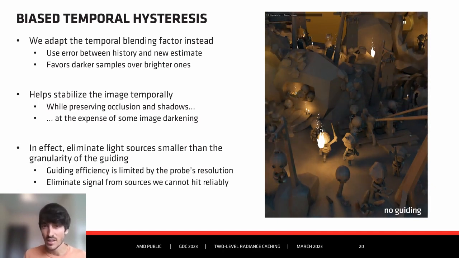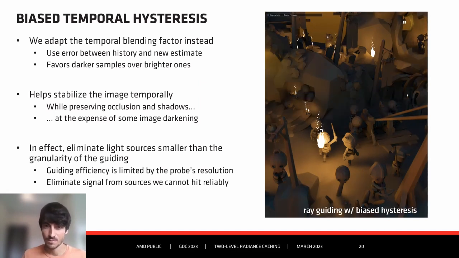This is without any guiding, and this scene is particularly challenging because it's pretty much exclusively lit by all those emissive triangles scattered around the scene. When we enable ray guiding, the image is far more stable, but not completely stable. And with our biased hysteresis, it gets quite a bit darker, but we now get a stable image to output on screen.